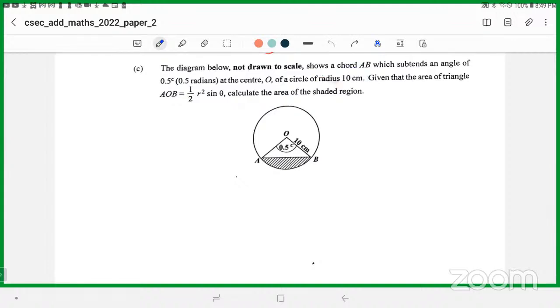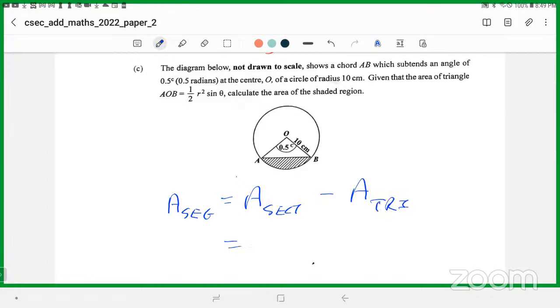Given that the area of the triangle is half r squared, it's basically a repeat question. Calculate the area shaded. The area shaded is a segment, so it's the area of the sector minus the area of the triangle.